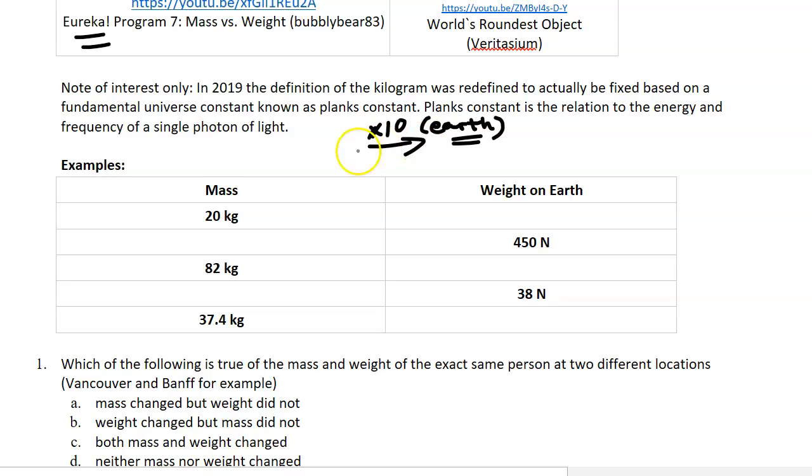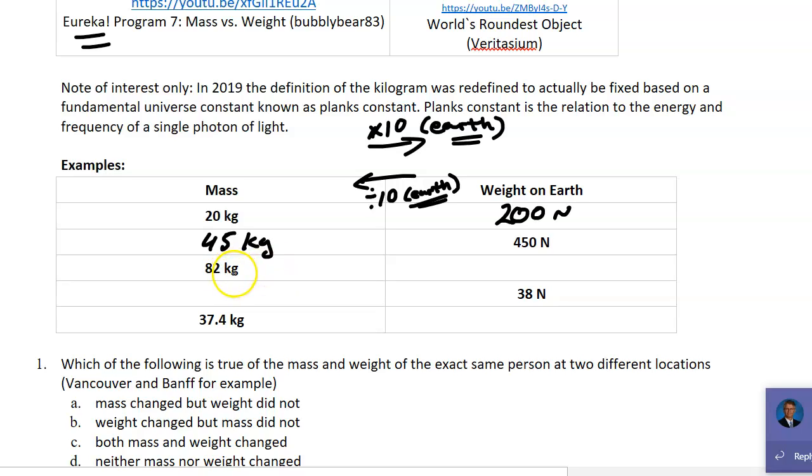Only on Earth can you make this, and it's really just an estimate. So 20 kilograms becomes 200 newtons. Going from weight to mass, you're going to do the opposite. You're going to divide by 10. But again, you can only do this on Earth. So 450 newtons is the same as 45 kilograms.